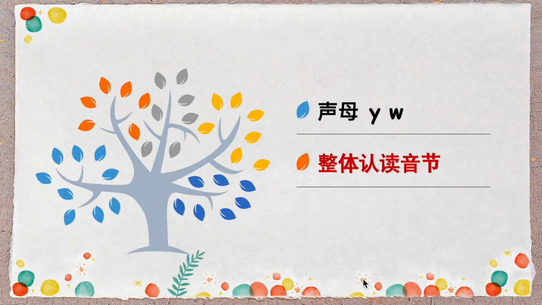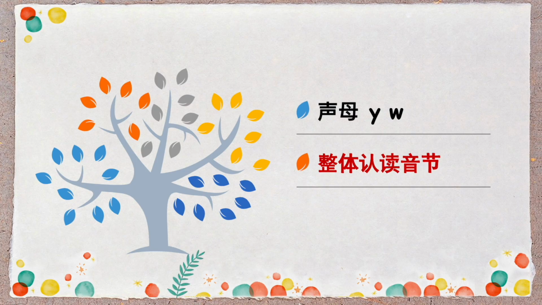Now let's move on to part 2, 整体认读音节 whole syllable 拼音. It is when an initial and a final come together, but we read them as one single sound. We don't have to spell them out.